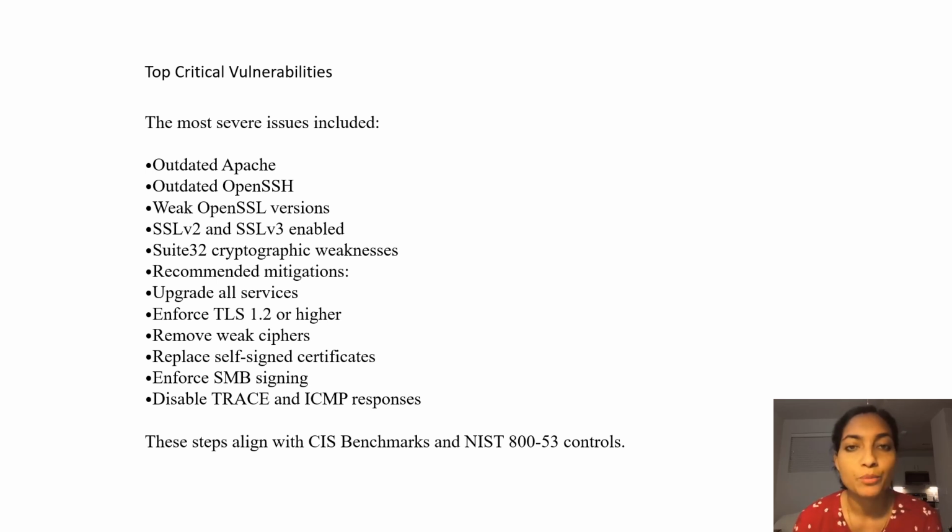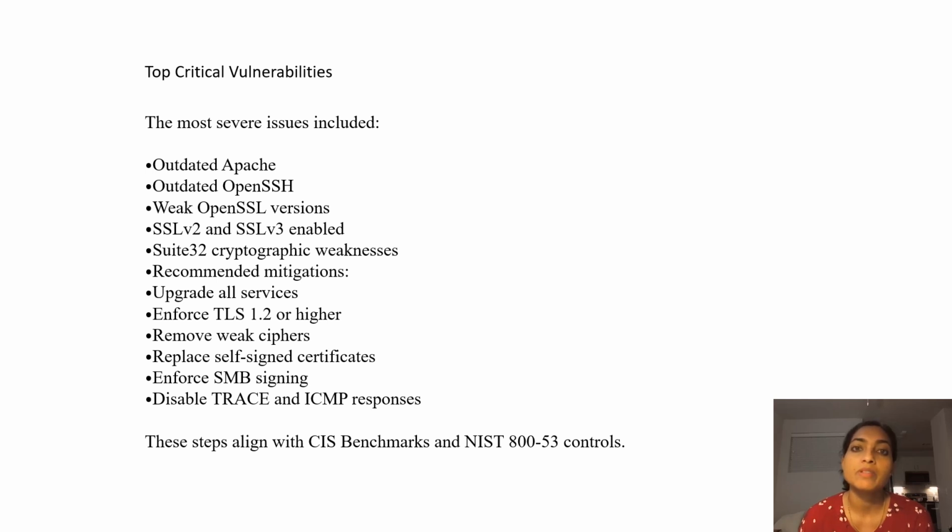The top vulnerabilities included outdated services, weak SSL protocols, SWEET32 cryptographic weakness, and self-signed certificates. Recommended mitigations include upgrading all services, enforcing TLS 1.2 or higher, removing weak ciphers, enabling SMB signing, and disabling TRACE.